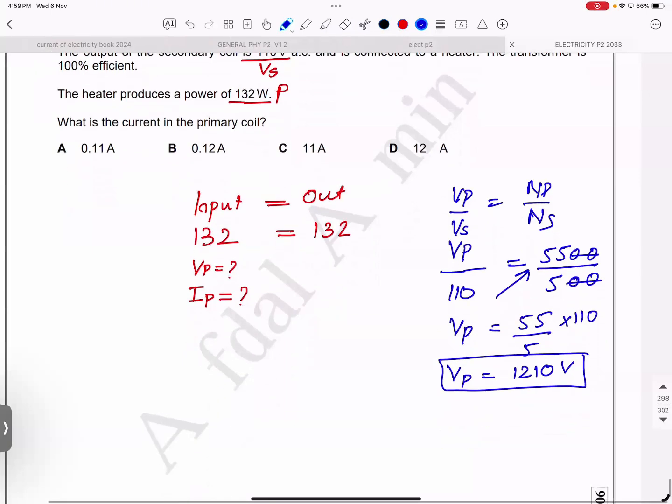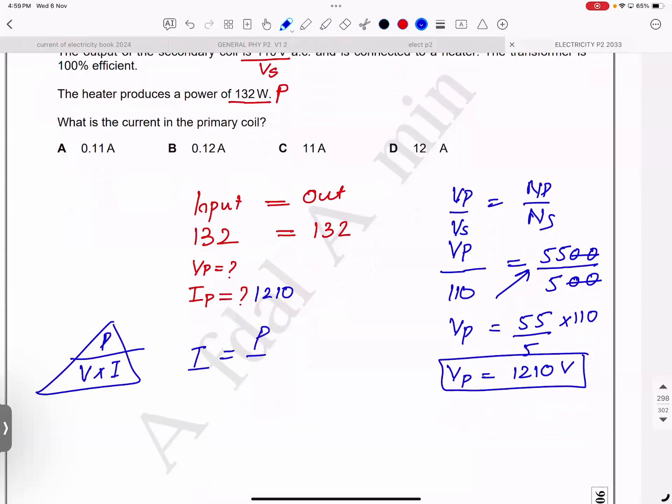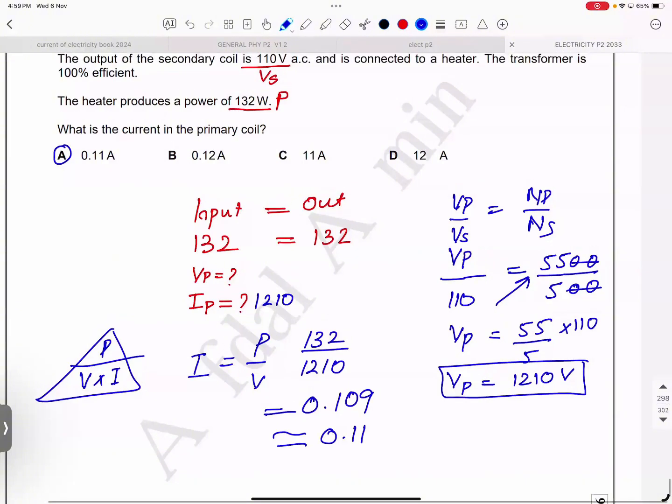Now, power P equals VI, so I is P over V. The power is 132 over 1210, which is 0.109, approximately 0.11, option A.